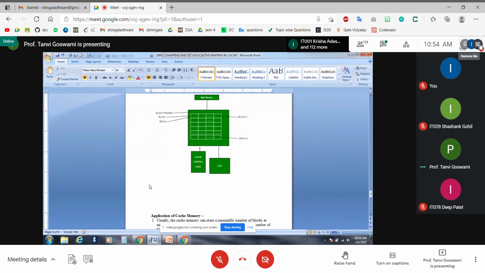In set associative map, the cache is divided into some number of sets, let us say S1, and these sets are multi-block.